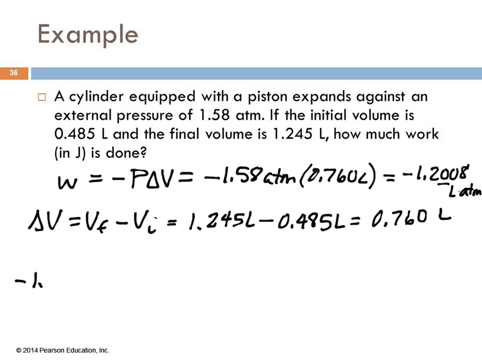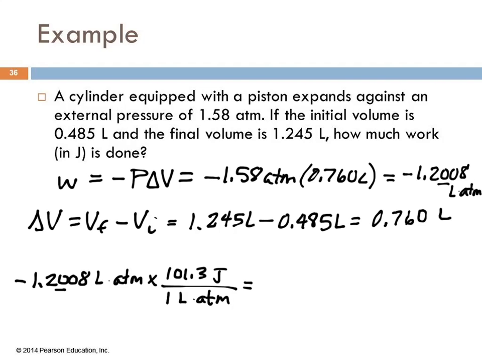So minus 1.2008 liter atmospheres. We need to convert this. There's 101.3 joules in 1 liter atmosphere. So we take that number times 101.3, and this will be our final answer.